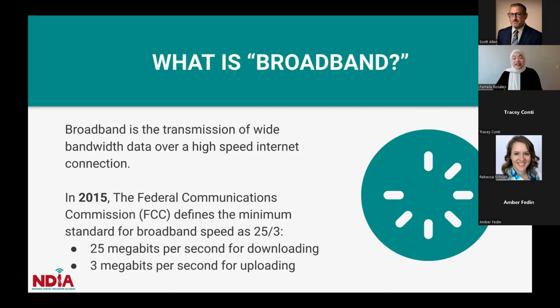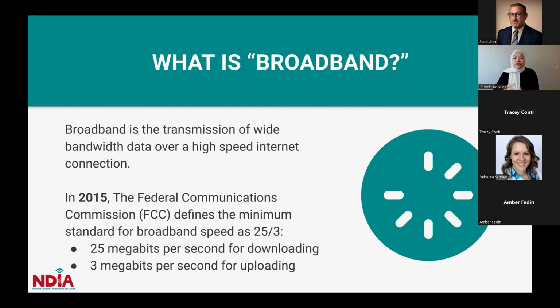That definition was defined in 2015, and best believe it wasn't efficient then. That's too slow of speeds in 2015. And 7 years later, it's not efficient now. So for example, if you have 3 to 4 people in your home, you have 4 to 6 devices connected to the internet, which is including your laptop, tablet, smartphone, gaming consoles, a smart TV, other smart devices.